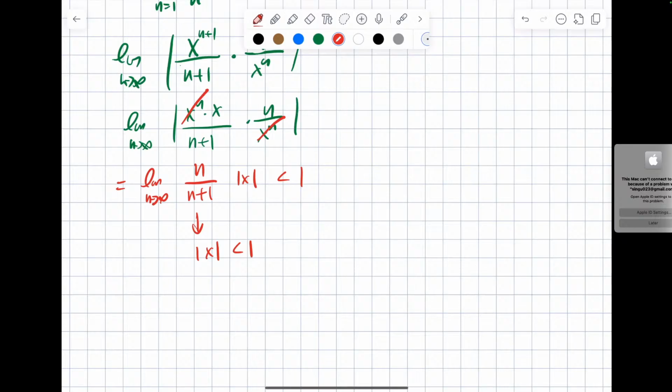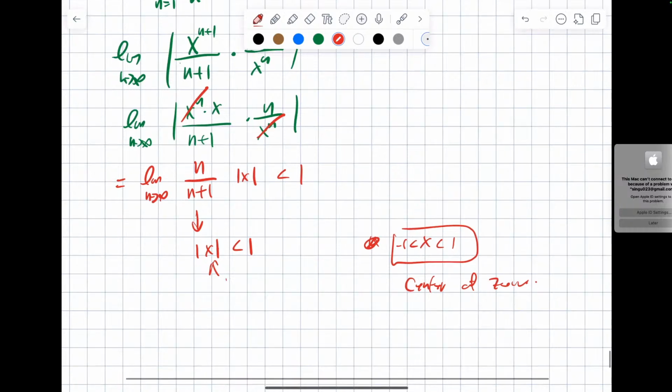Therefore, x is between -1 and 1. The center is at 0, because there's no x minus c. It's just x. So the center has to be at 0.